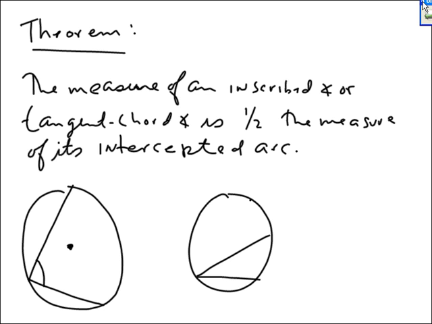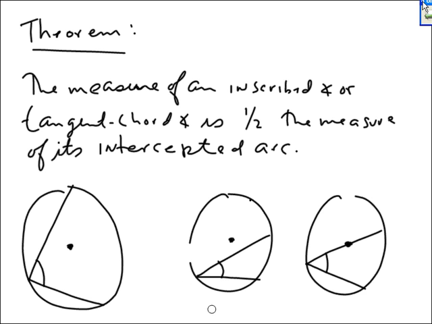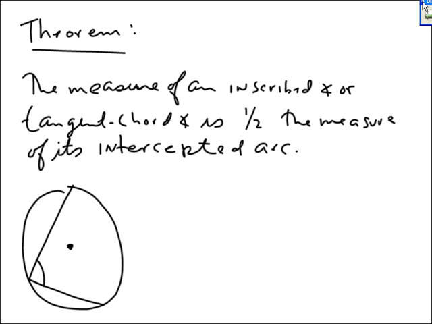In this other inscribed angle, the center is outside. And of course, the third scenario is that the center is not inside or outside, but it's actually on one of the legs. Those are the three cases we are going to have to consider.